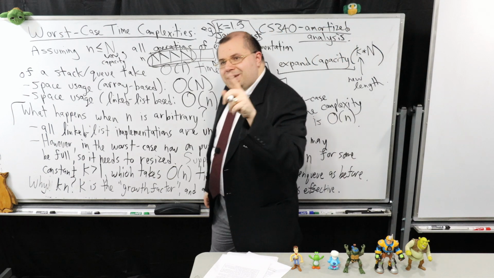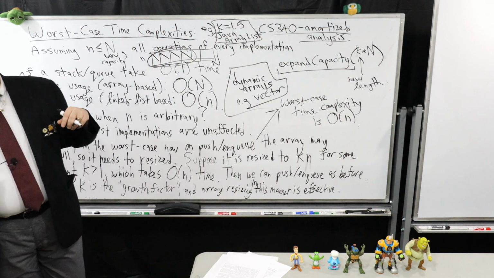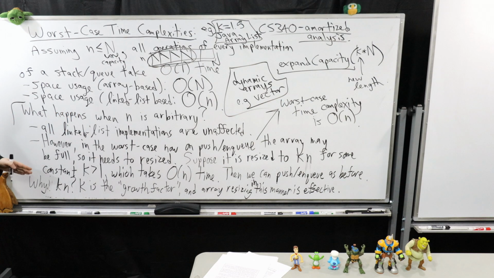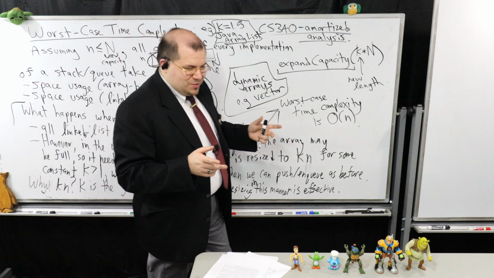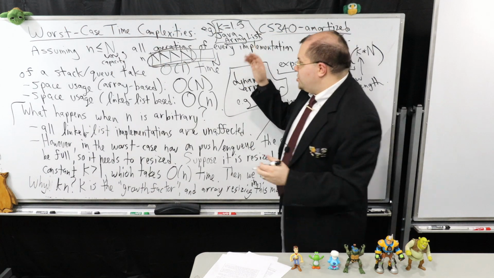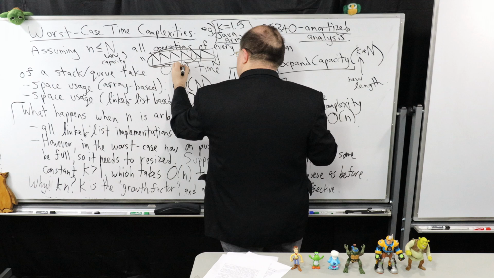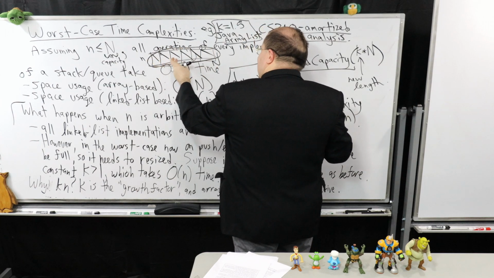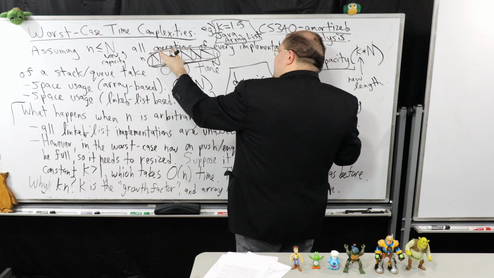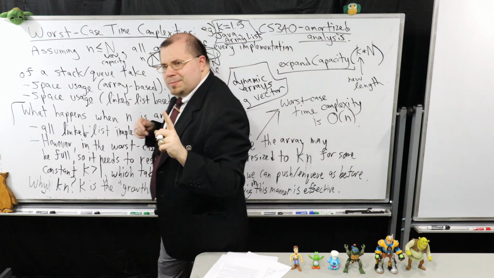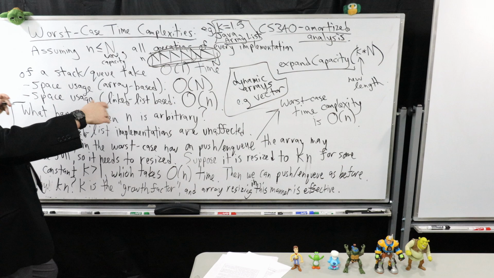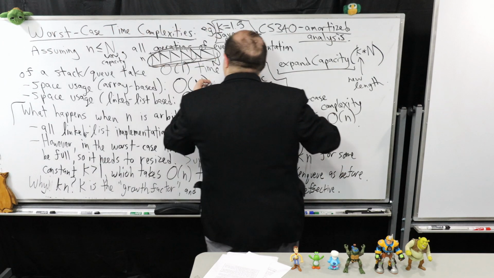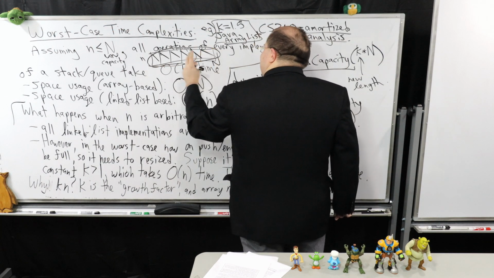Somebody's asking, explain why the worst case is big O of n. It's because, remember, in the array-based implementations, suppose I give you an array that looks like this. Say every element is occupying a spot in my array. The array is now full, and suppose I want to push another element into my stack.